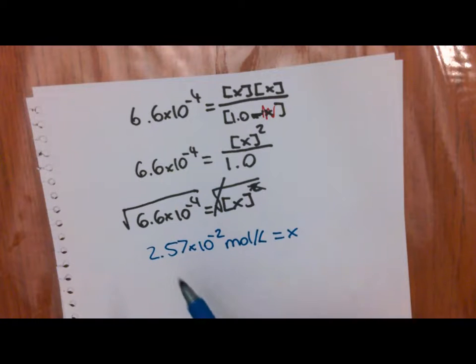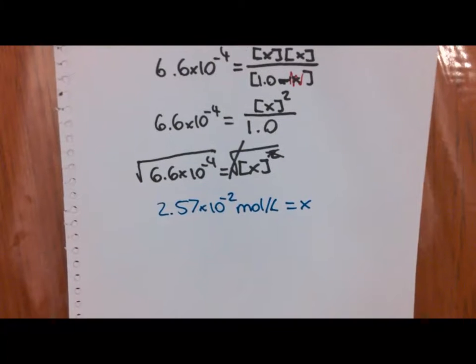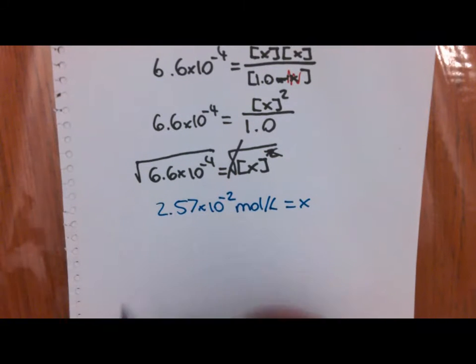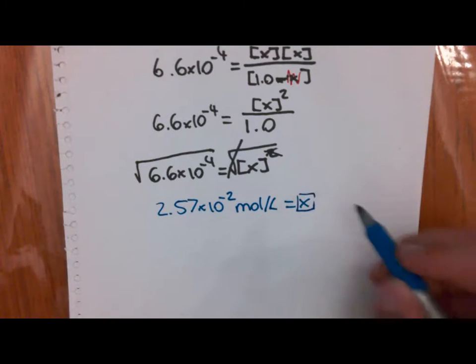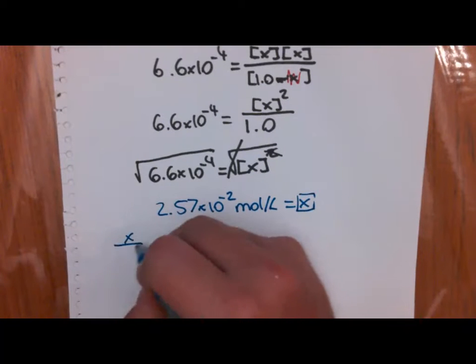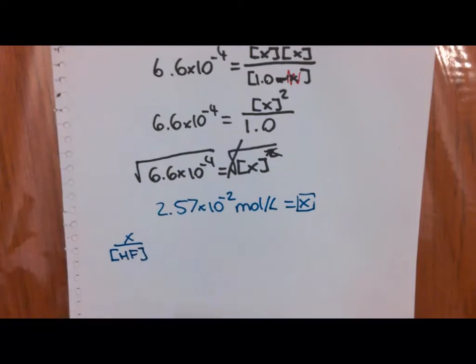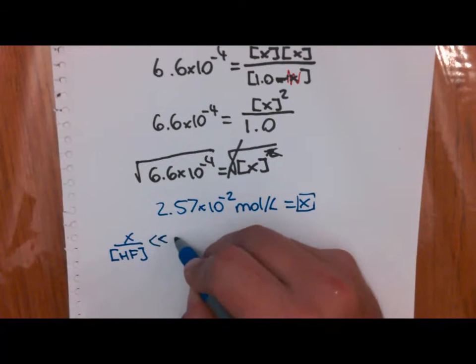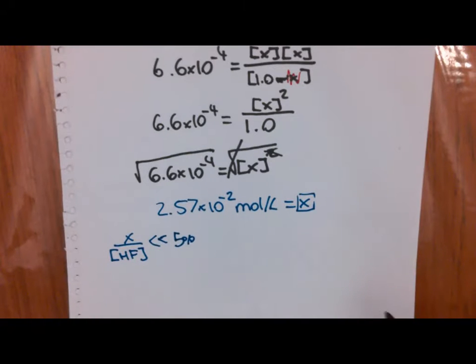Actually, what we should do first here is our 5% rule, to make sure that we have made a correct assumption. To make the 5% rule a little bit easier, we take our x value that we find and divide it by the initial concentration of HF. As long as this value is less than 5%, our assumption is correct, right?